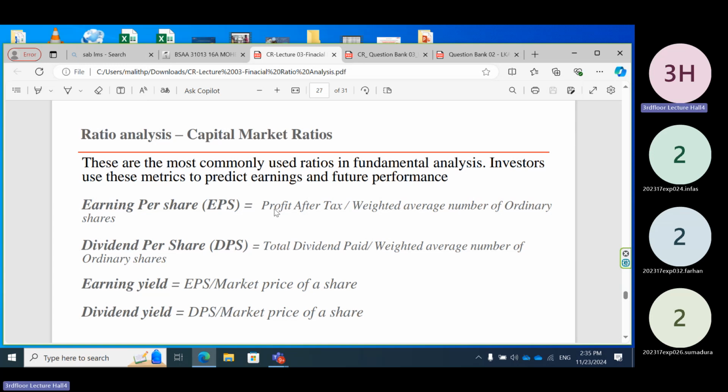You should know that in financial accounting, we are using historical numbers. So basically the book value. For that, we are using standards, in this case SLFRS.